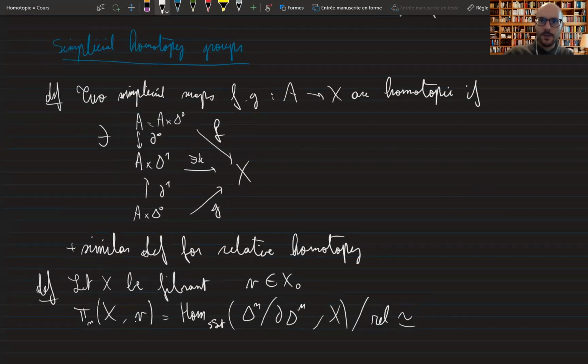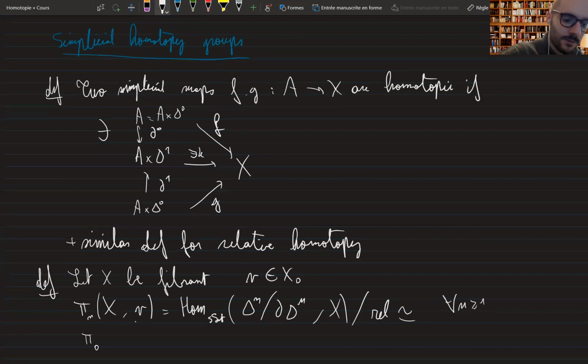This you saw in the course of Bruno, right? Essentially, it's exactly what you think it is. Nothing funny going on. So you take maps from the simplex that are constant on the boundary, and you quotient by relative homotopy. Exactly the same definition as in topological spaces.